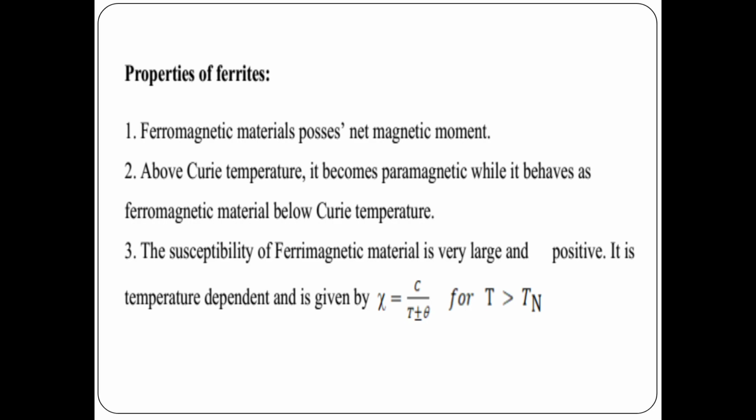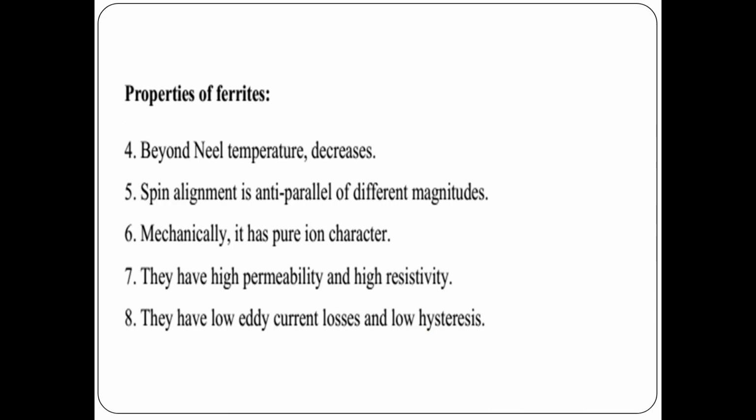Above the Curie temperature, it becomes paramagnetic, while it behaves as a ferromagnetic material below the Curie temperature. The susceptibility of ferrimagnetic material is very large and positive. It is temperature dependent and is given by chi equal to C by T plus theta for T greater than TN. Beyond the Neel temperature, its value decreases.